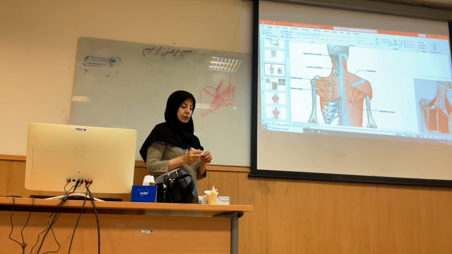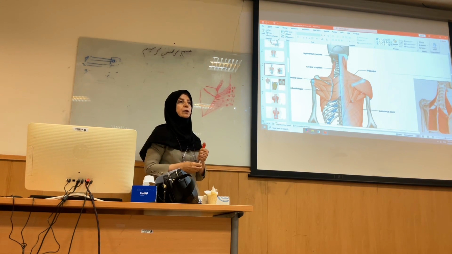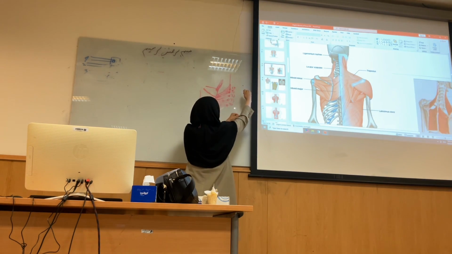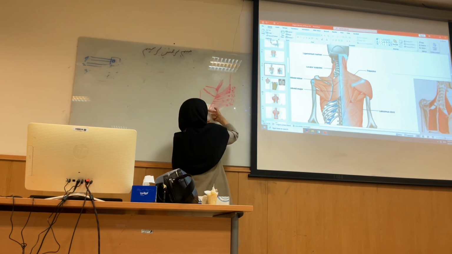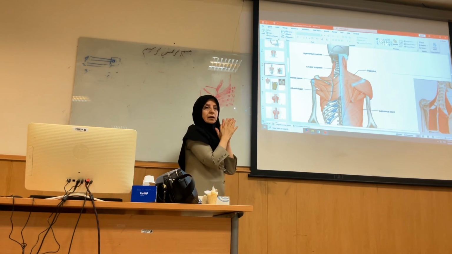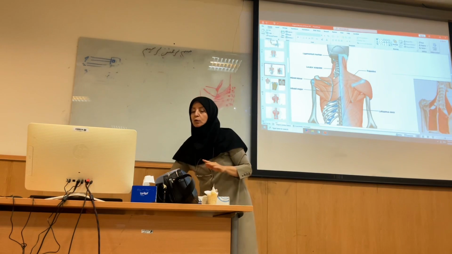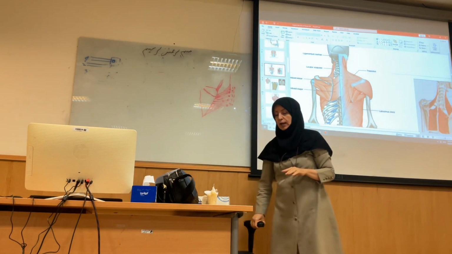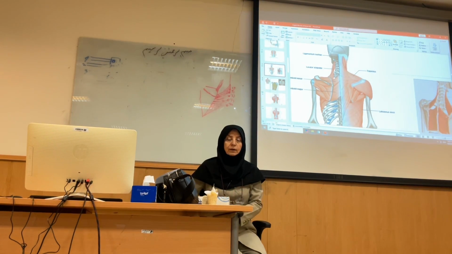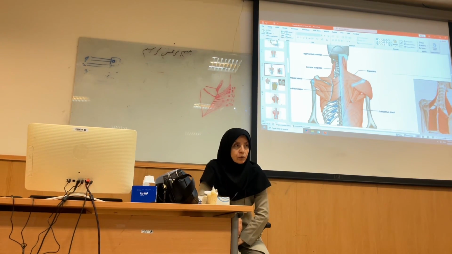Now, imagine about the function. Rhomboid minor, rhomboid major. What's the function? Retraction. When they contract, they take the medial border of the scapula near the vertebral column. Okay? So when you are sitting on the bed for a long time, your shoulders come anteriorly.